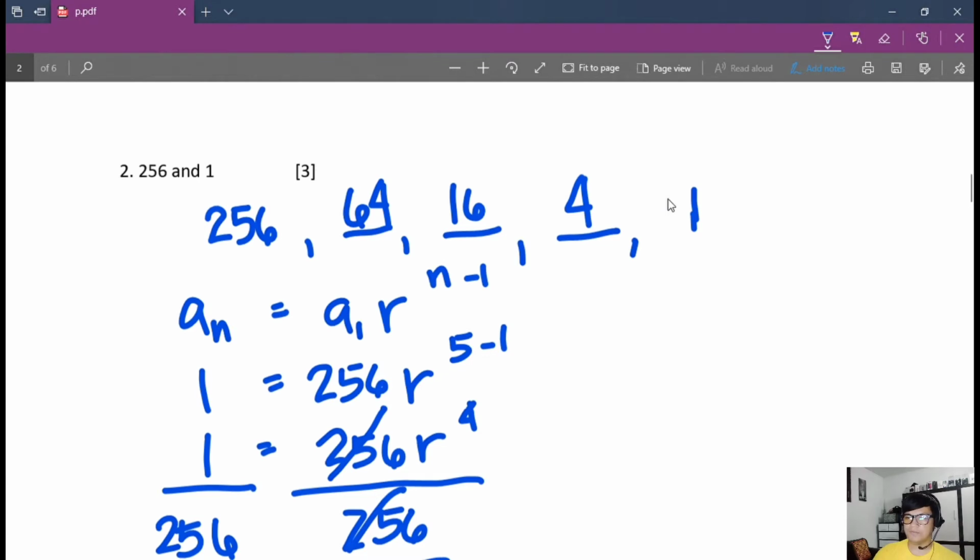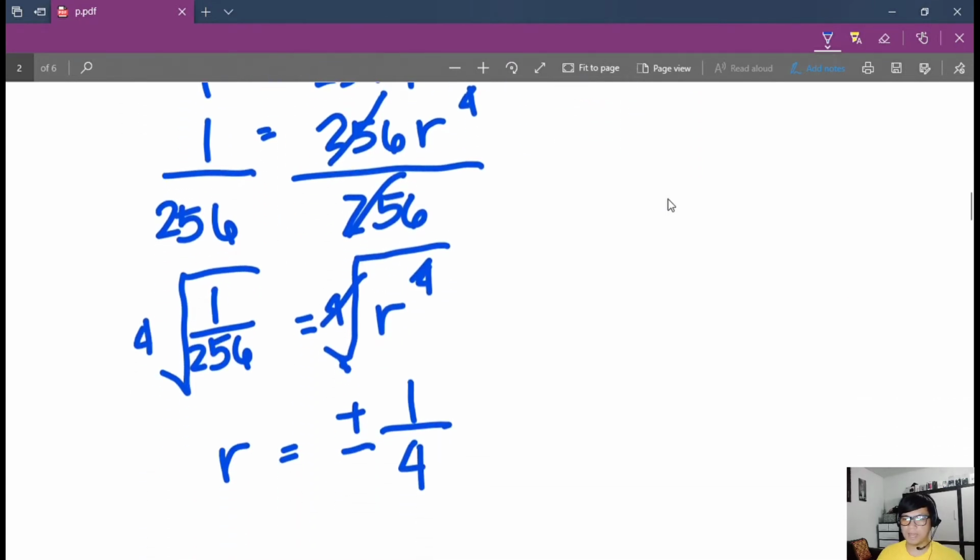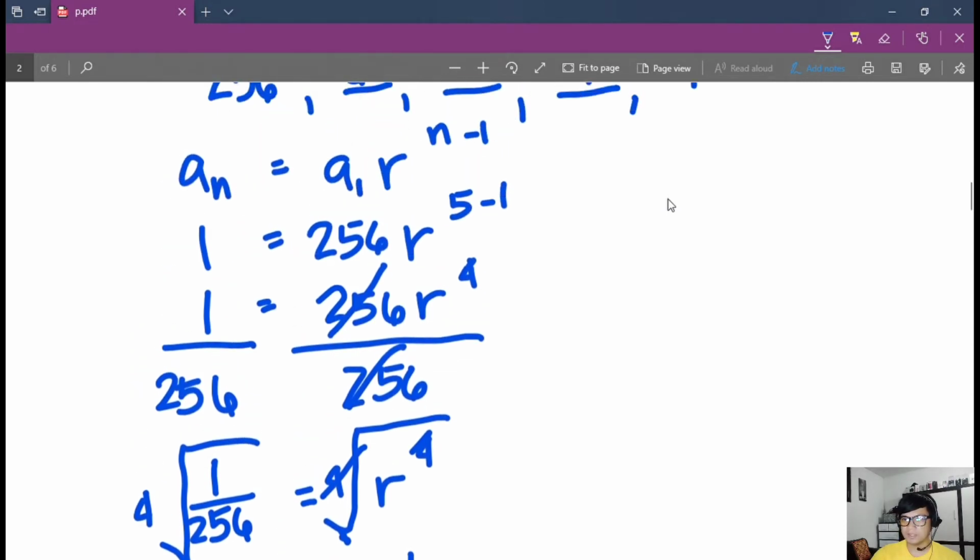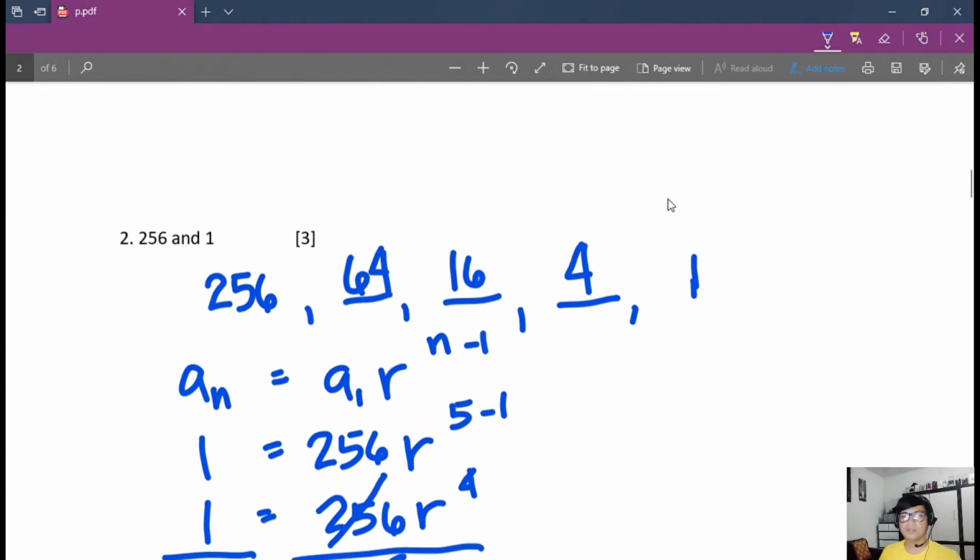What if our common ratio is negative 1/4? Don't we have two common ratios? What we did earlier was positive 1/4. What if negative 1/4? So, 256 times negative 1/4, that's negative 64.